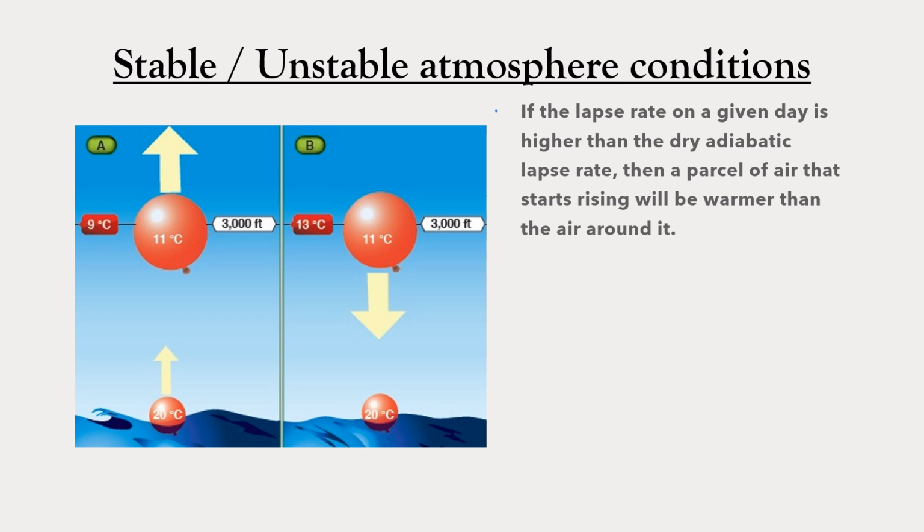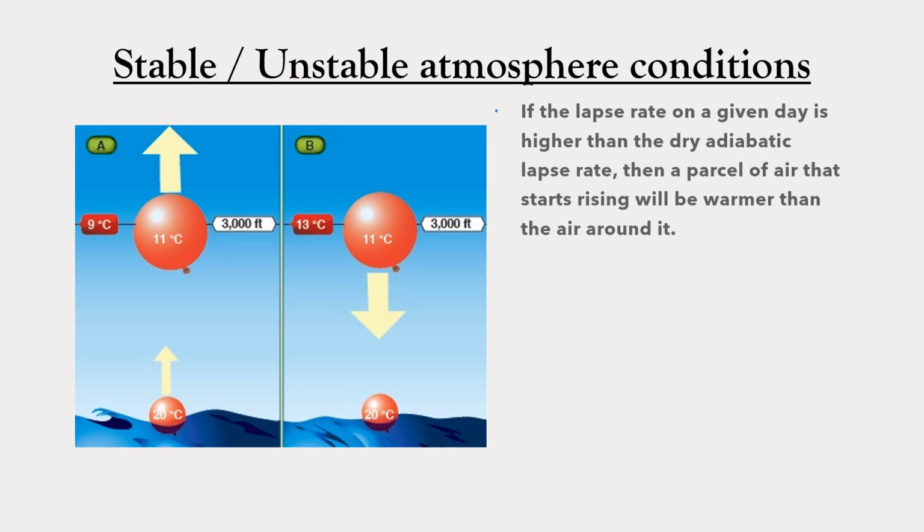But in the situation on the left, the temperature is 9 degrees Celsius at 3,000 feet. And in the situation on the right, it's 13 degrees Celsius at 3,000 feet. So the actual lapse rate is high in the left example and it's low in the right example.